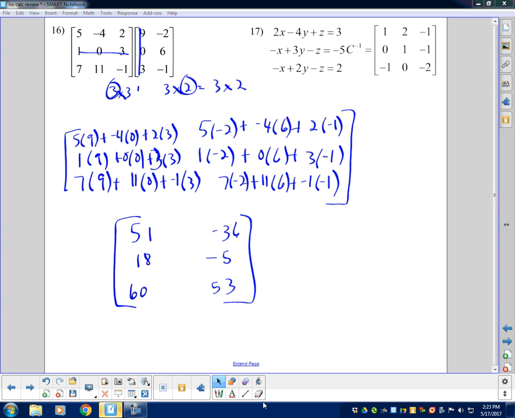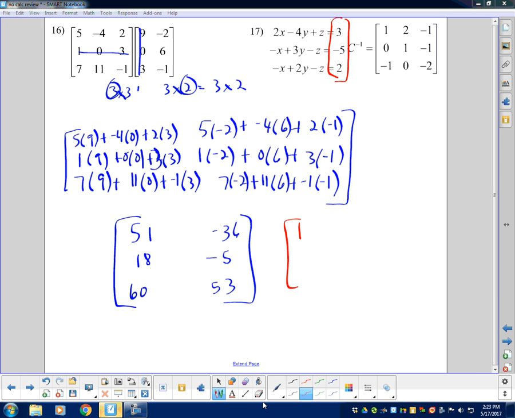All right, going on to the next one here. I've given you the inverse. I have not shown you how to calculate the inverse, so calculate it on the calculator. But let's go ahead and multiply that inverse times the answer column here. So it's going to be 1, 2, negative 1, 0, 1, negative 1, negative 1, 0, 2 times 3, negative 5, 2. That's our equation C inverse times B, if you will, to give us x, y, and z.